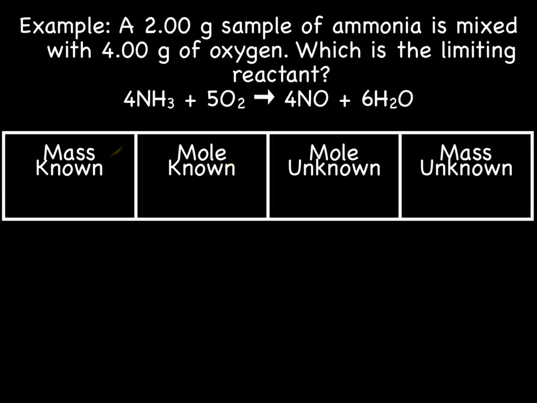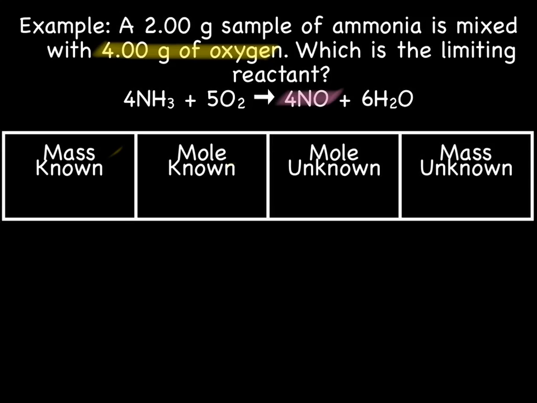Alrighty, we need to do the problem again, this time using 4 grams of oxygen, and see how much NO we can make with 4 grams of oxygen. Remember, we're trying to figure out which reactant makes the least amount of product, and we picked NO as our product of choice. Alright, so our known this time is going to be 4 grams of oxygen.